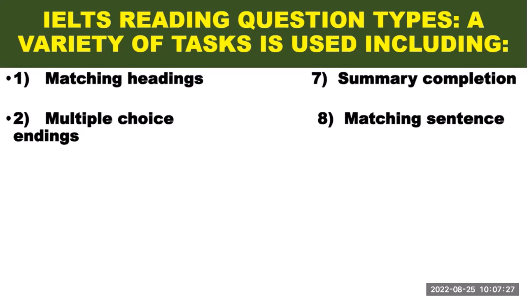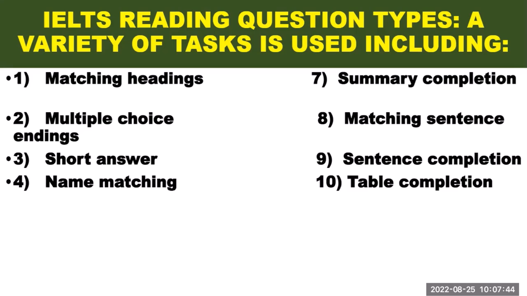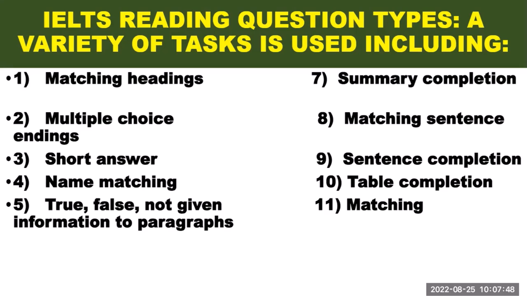You have matching headings, you have summary completion, you have multiple choice, okay? Let's look at the left column first. You have the matching headings, you have the multiple choice endings, you have the short answer questions, you have the name matching, okay? Then you have the true, false, not given information to paragraphs, okay?